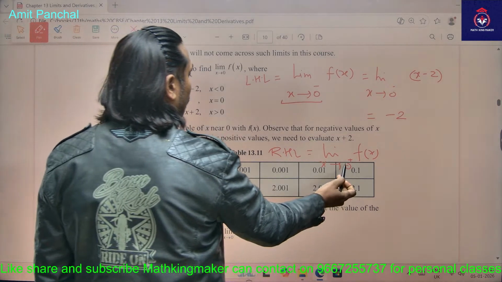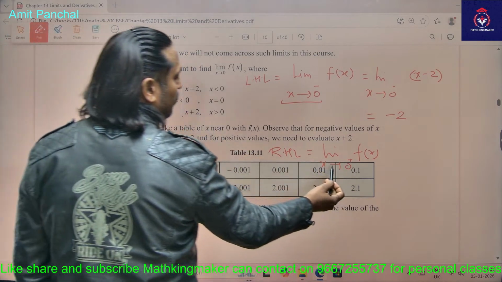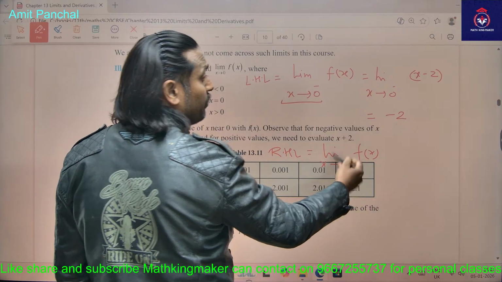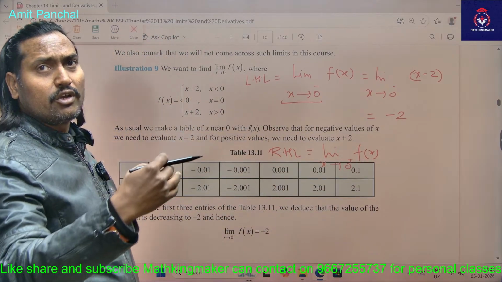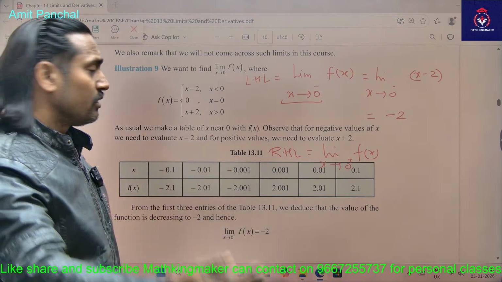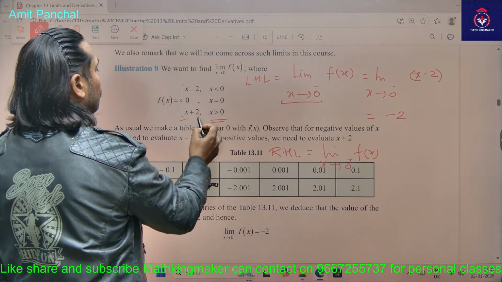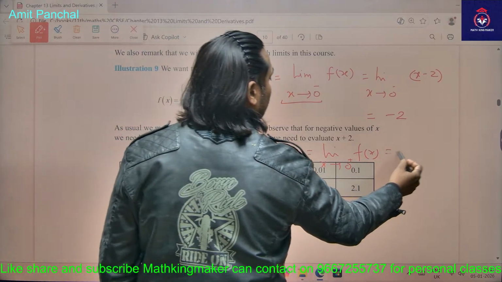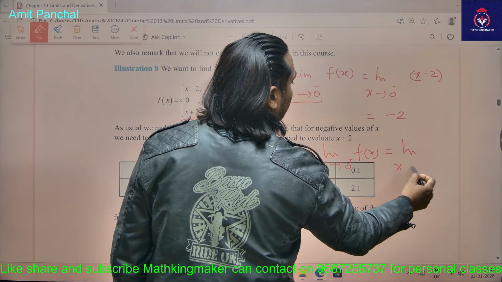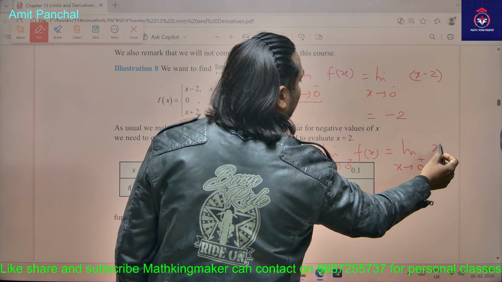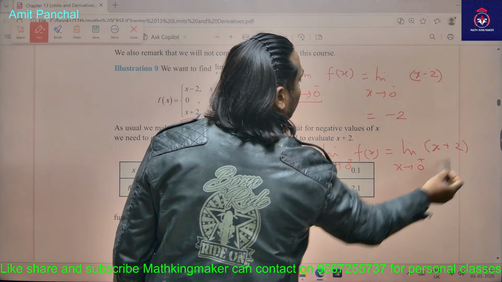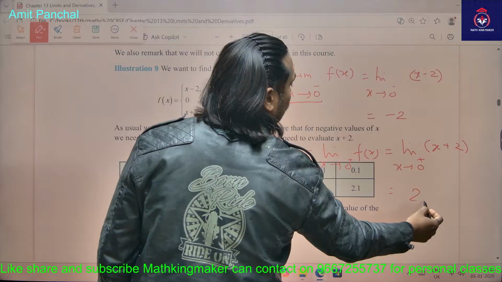X plus 2, because you are taking x tending to 0 plus. That means you are just closer to 0 but on the right hand side. So if x is greater than 0, the function value becomes x plus 2. So you will write limit x tending to 0 plus of x plus 2. If you put x as 0 here, you will get 2.